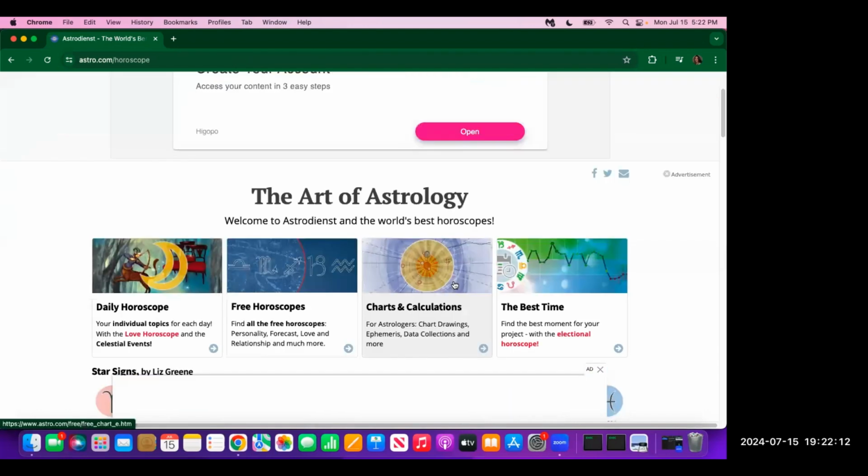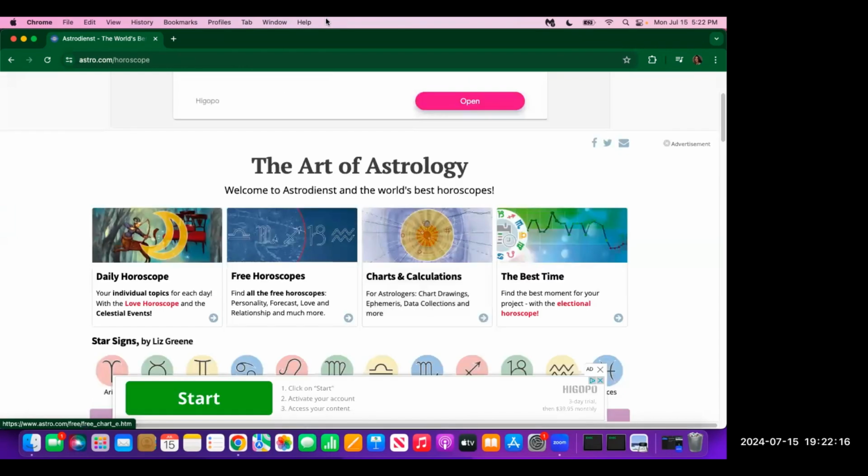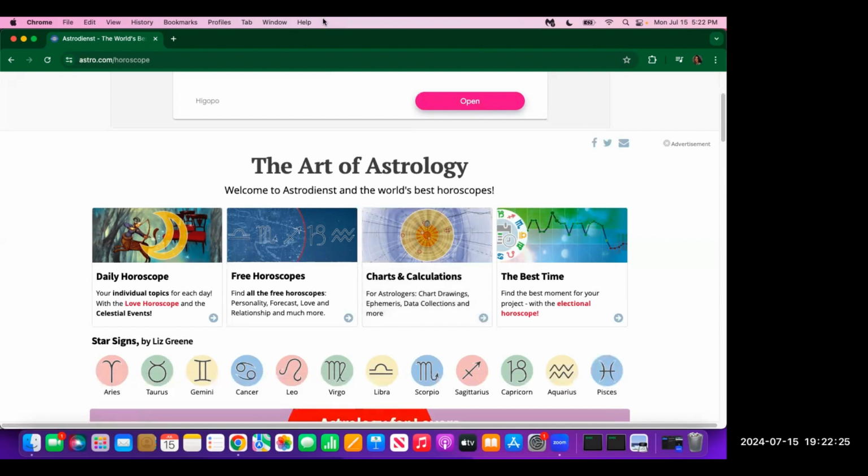Underneath that, there'll be all of these different options. You'll want to go to charts and calculations. So when you find that, just let me know, and then we could move forward from there. But it's right on the home page. Sometimes it's a little confusing to navigate. Okay, got it. Thanks, Taylor. Oh, you're very welcome. So yes, charts and calculations.